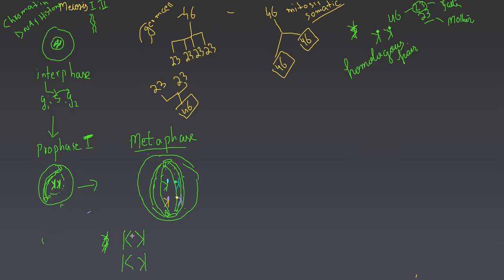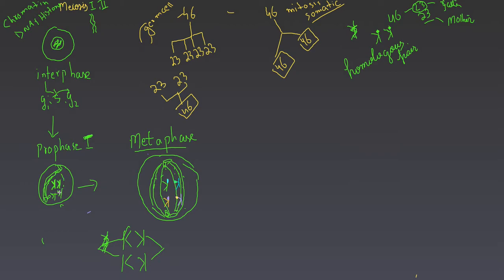So if the microtubule wants to pull it, it pulls these two chromosomes in the opposite direction, and it pulls these two chromosomes in the opposite direction. If you notice, you start off with 4. I forgot, you have to draw it 4 here.